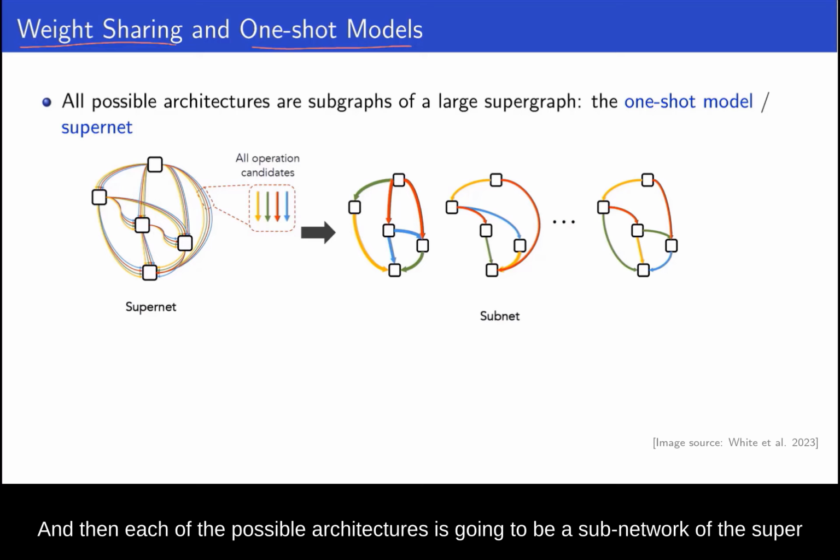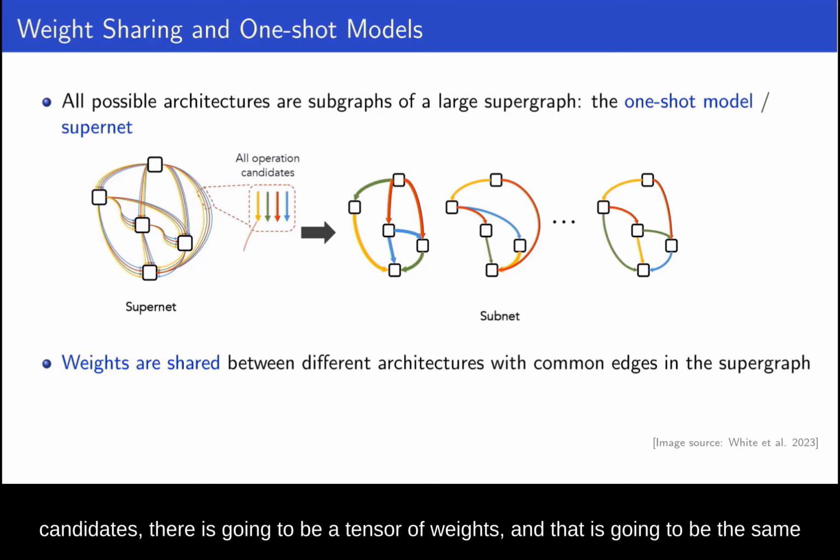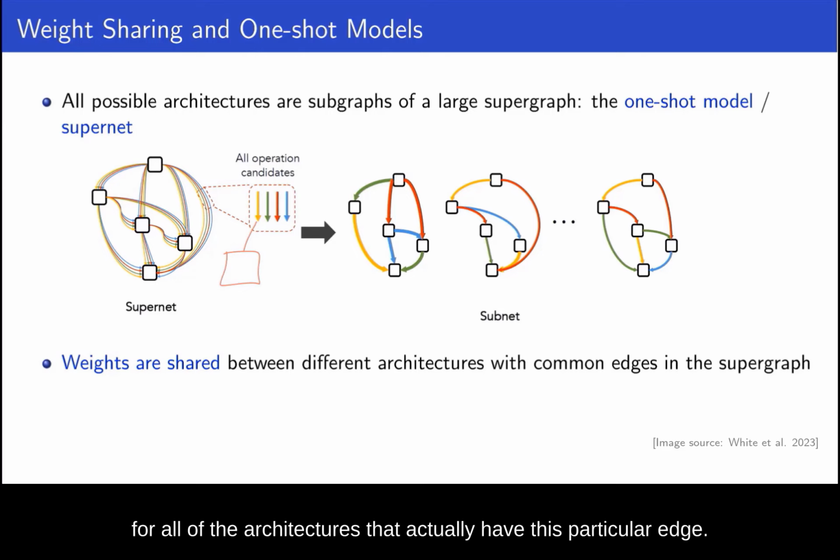And then each of the possible architectures is going to be a subnetwork of the supernetwork. And the weights are shared between the different architectures. So for each of these operation candidates, there is going to be a tensor of weights, and that is going to be the same for all of the architectures that actually have this particular edge.